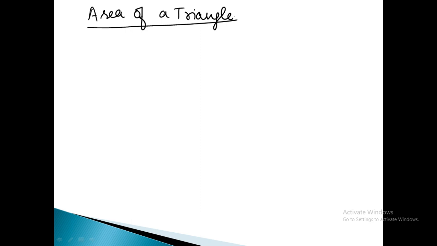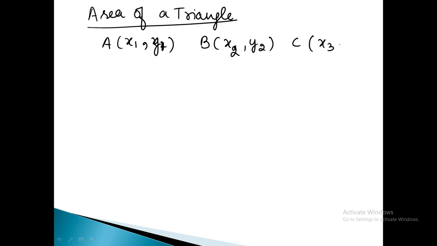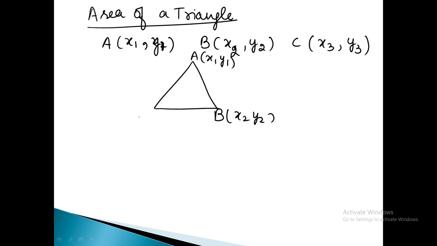The area of a triangle formed by 3 points, for example, A(x1, y1), B(x2, y2), C(x3, y3).